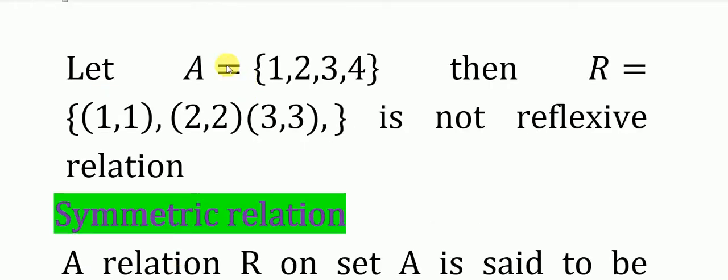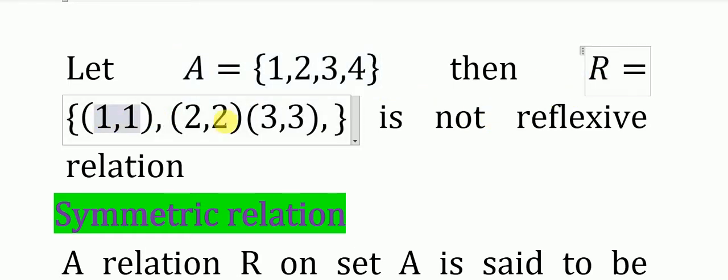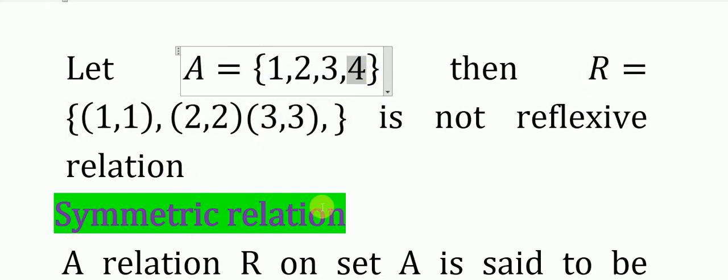Here if you take A equal to {1, 2, 3, 4}, then R equals (1, 1), (2, 2), (3, 3) is not a reflexive relation because (4, 4) is not present here.